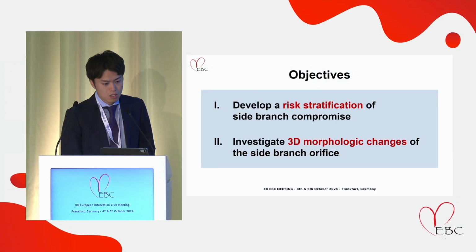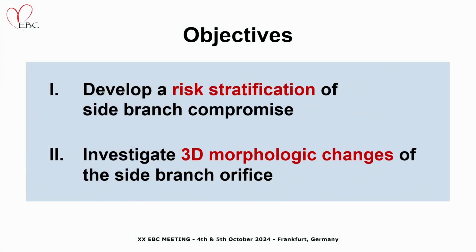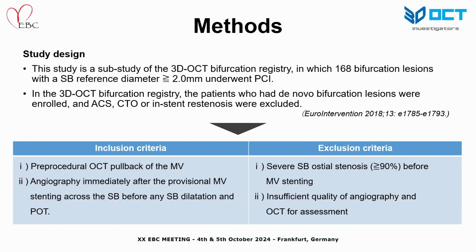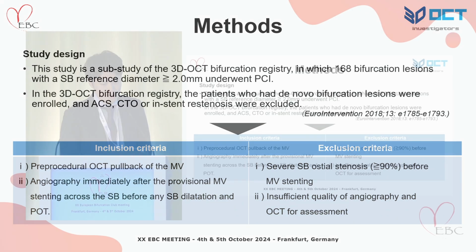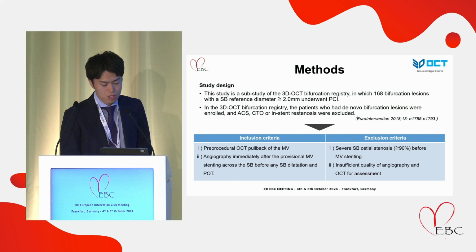The aim of this study was to develop a risk stratification of side branch compromise and to investigate 3D morphologic changes of the side branch orifice. This study is a sub-study of the 3D OCT bifurcation registry involving 168 de novo bifurcation regions with a side branch reference diameter greater than 2 mm.